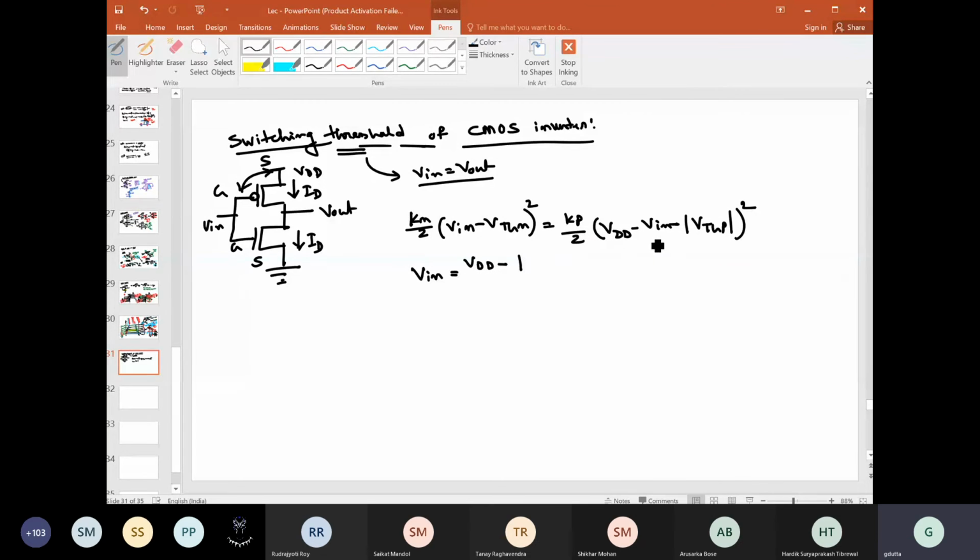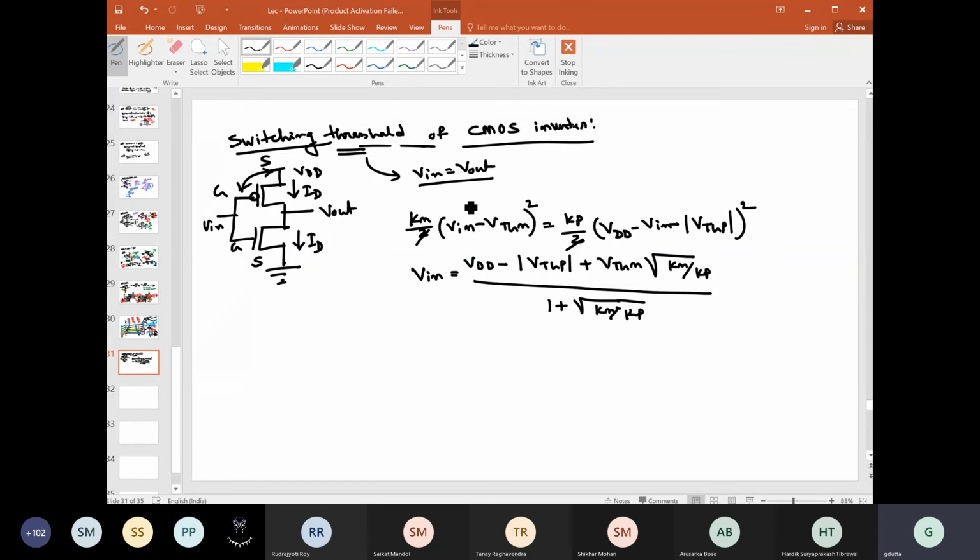Here the K's, KN and KP, will cancel out if they are equal; if they are not equal, we have to make a generalized equation. Then it will be Kn by Kp, and at the denominator we will also have this Kn by Kp term.